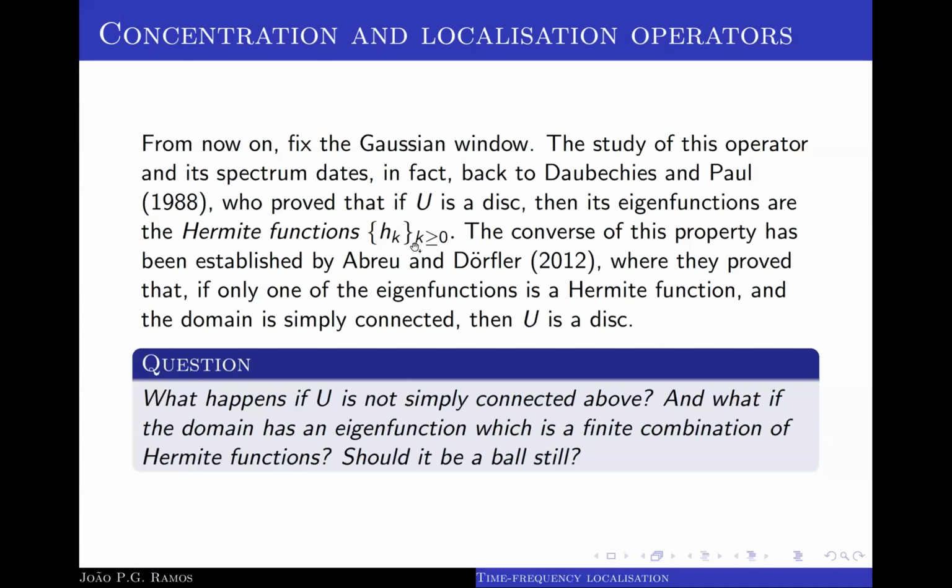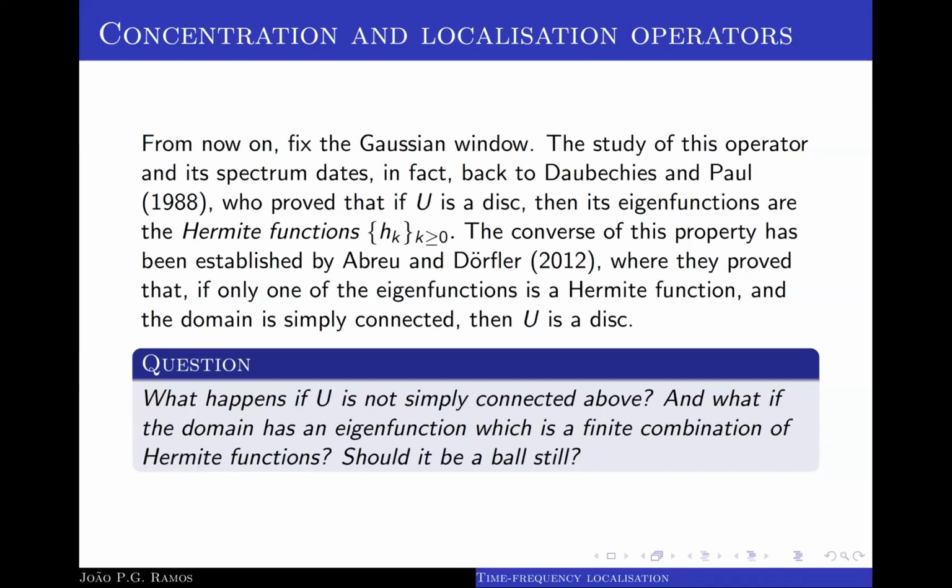So the disk is no longer unique, but can we say that if the domain has an eigenfunction which is a Hermite function, then the domain has to be radial or something like that? And moreover, can we find non-trivial domains that have a finite linear combination of Hermite functions as an eigenfunction of their localization operator?